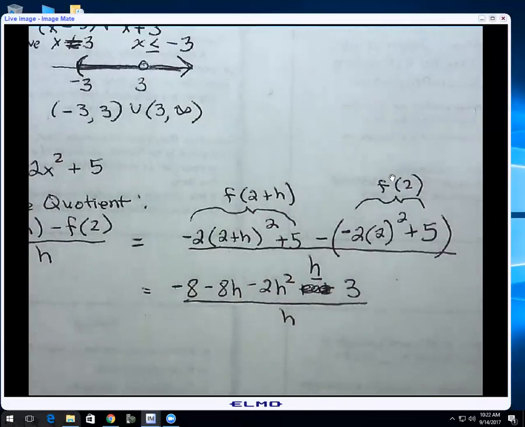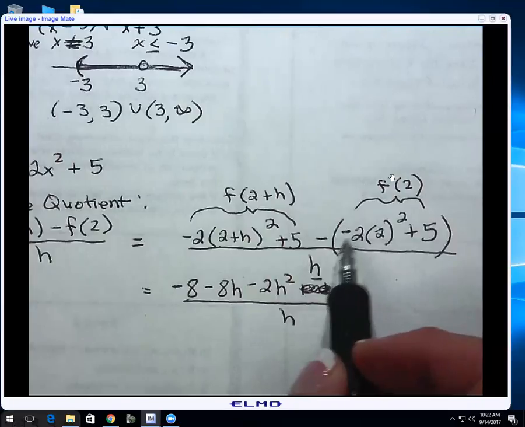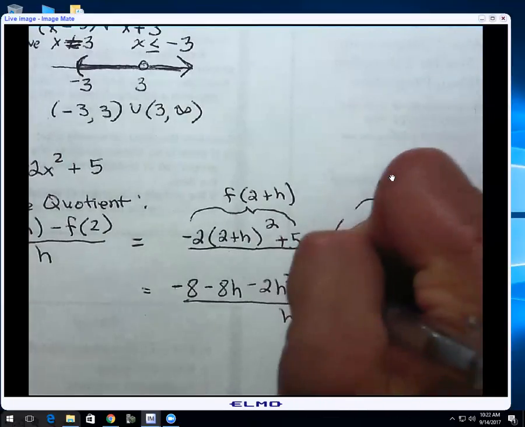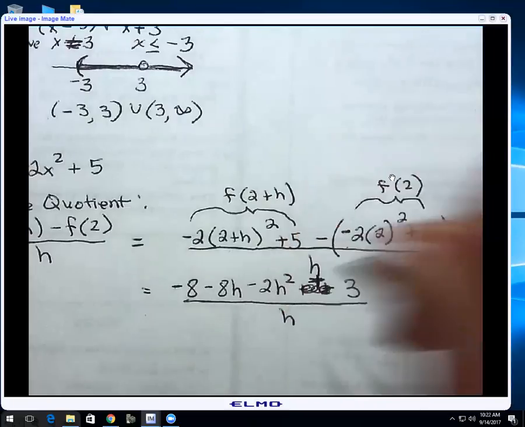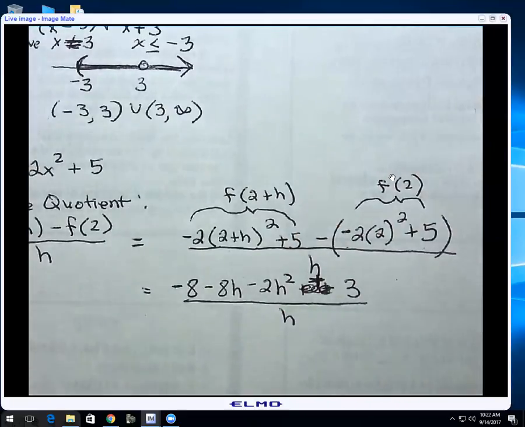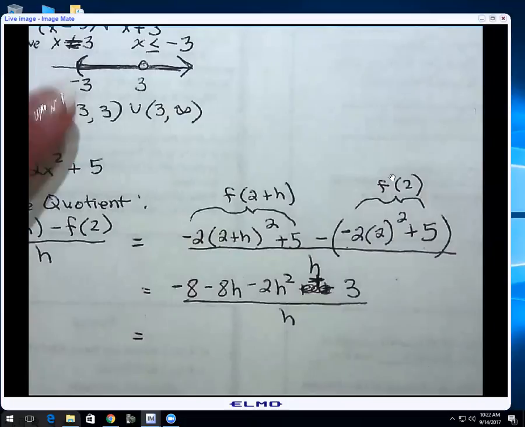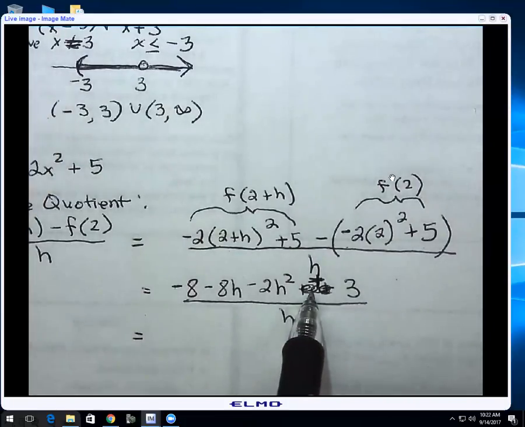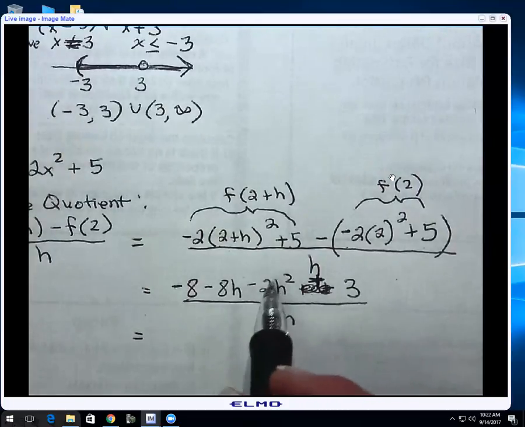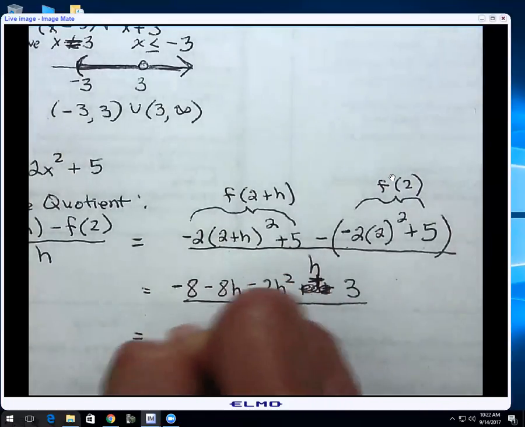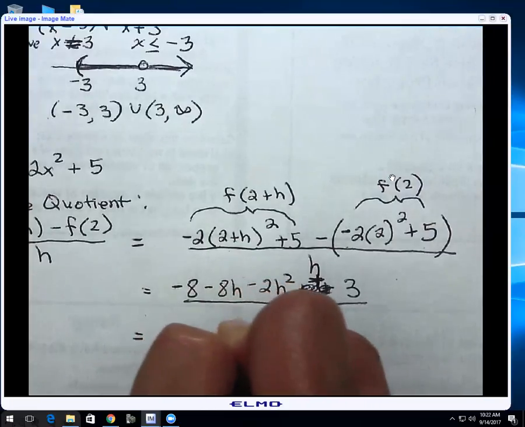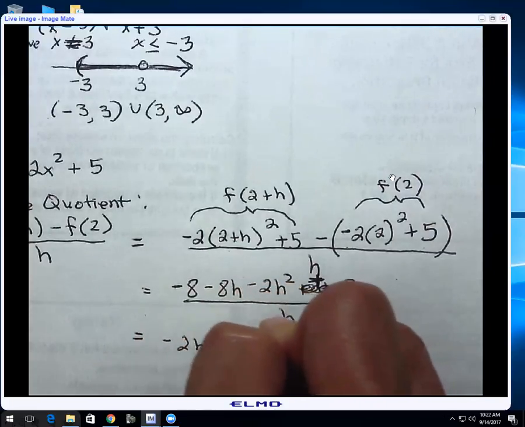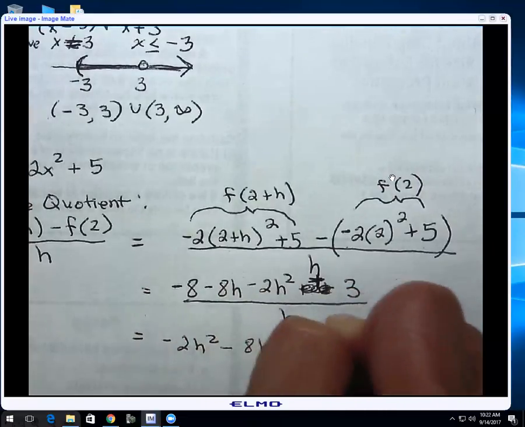Yep, that's right. All right, I skipped a step. I skipped 2 steps. But if we were going more slowly, you could get there. Combine like terms. And that's a plus 3, by the way. It got kind of sloppy. This is negative 2h squared minus 8h minus 5.